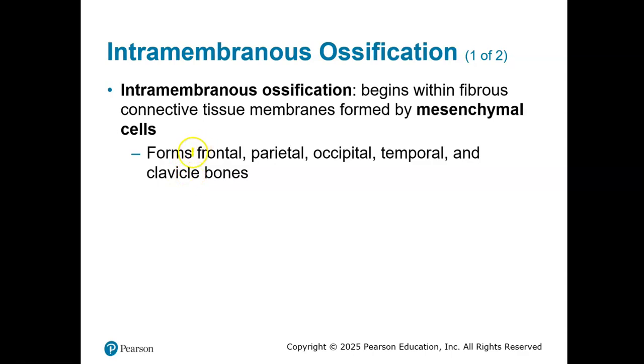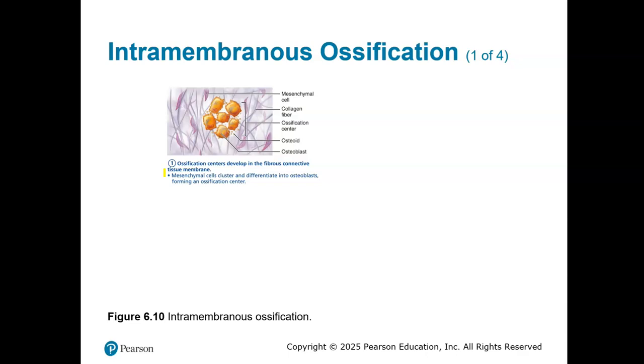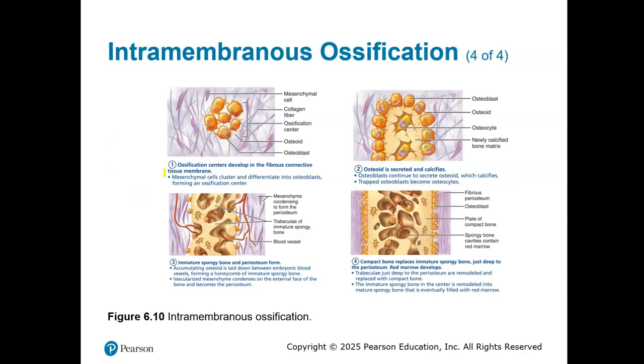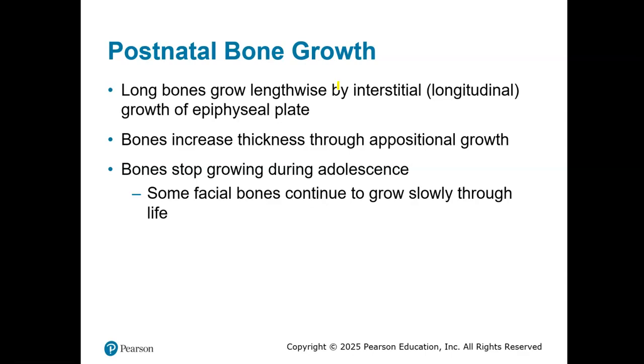So it forms specifically the frontal bone, which is just one, the parietal bones, the occipital bone, there are 2 parietal bones, and there are 2 temporal bones, and the clavicle bones, which are the collarbones. I'll show you the pictures, but it's basically bone forms within a membrane. So it's intramembranous ossification.